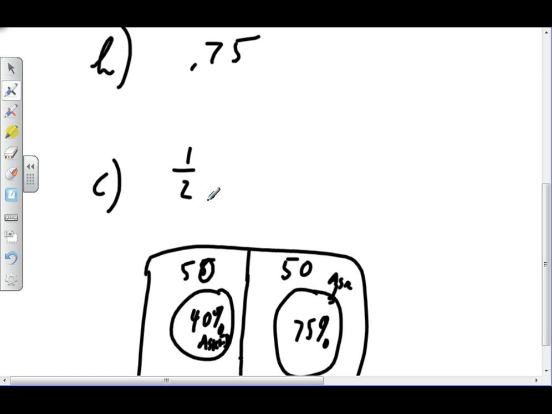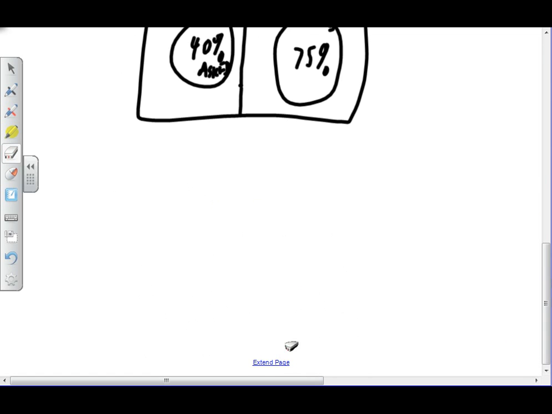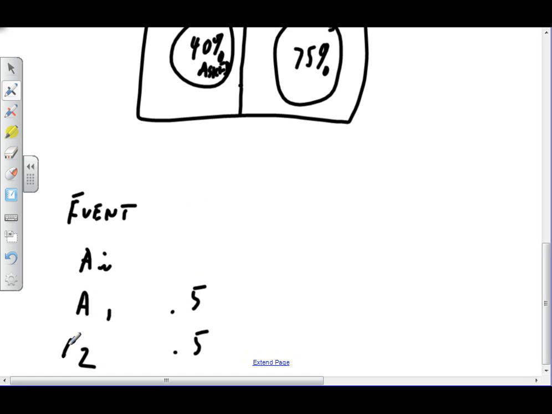Okay, I'm looking on page 182. And I'll come down, and we're going to apply what's there. So we have events, and the first event, 1 and 2, and 0.5, 0.5. So I was accepted, I wasn't accepted.